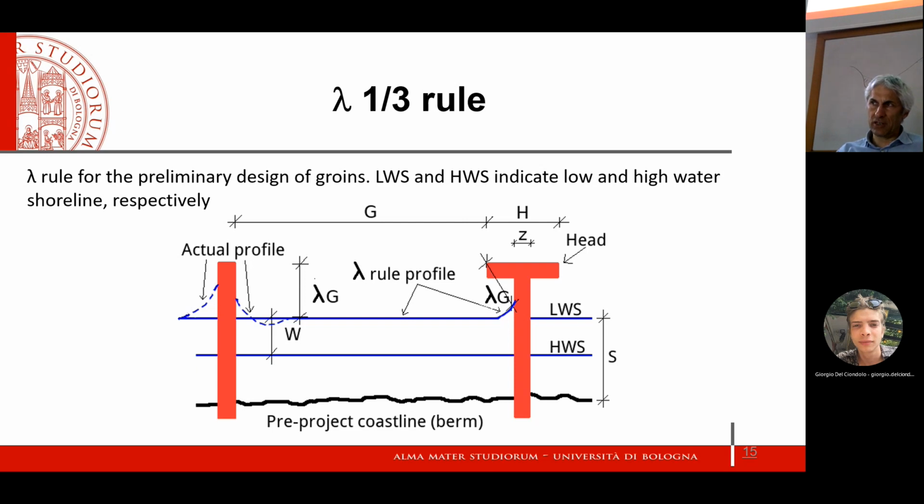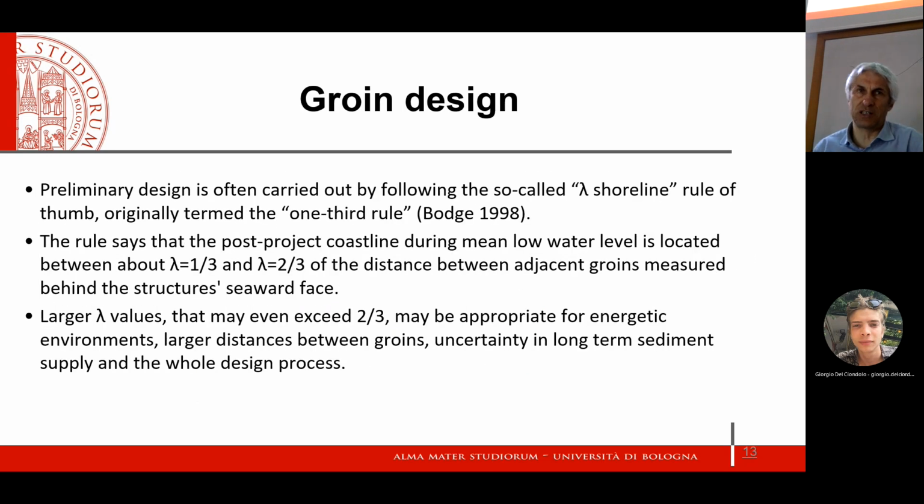Now, let's go back a couple of slides to describe what we just said in formal words. Okay, so the lambda shoreline rule, or lambda 1/3 rule, says that the post-project coastline during the mean low water level is located between about lambda 1/3 and lambda 2/3 of the distance between adjacent groins measured behind the structure's seaward face.